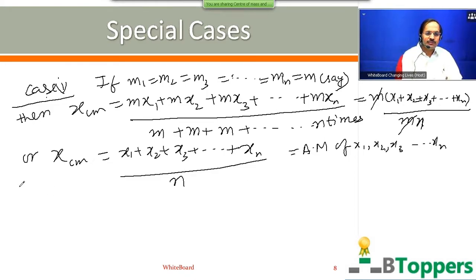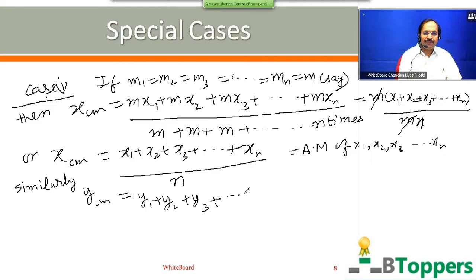Similarly, the y coordinate of center of mass of the system of n particles will be given by y1 plus y2 plus y3 up to yn, divided by n.